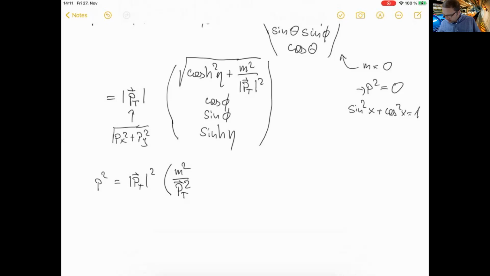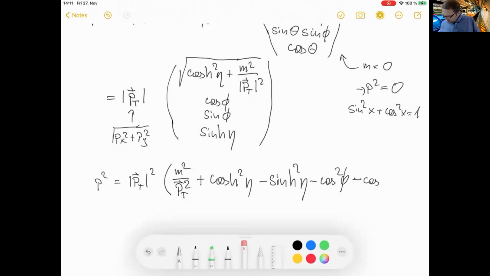Plus cosine hyperbolicus squared eta minus cosine squared phi minus sine squared phi.